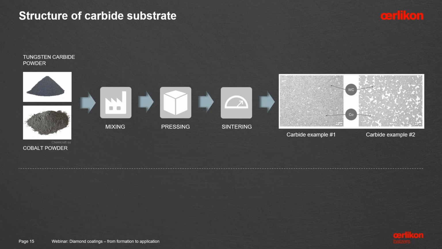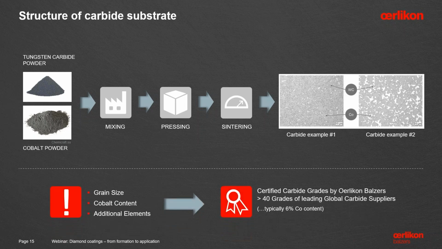And you see here already two different pictures showing it can be very different. So different by grain size, different by cobalt content. That's a higher criteria for the diamond coating, but also any other additional elements that might be added through the process.